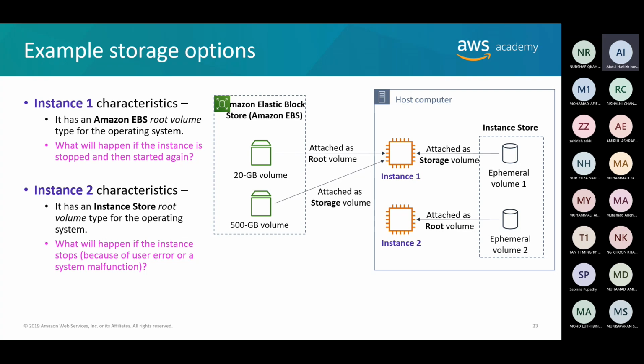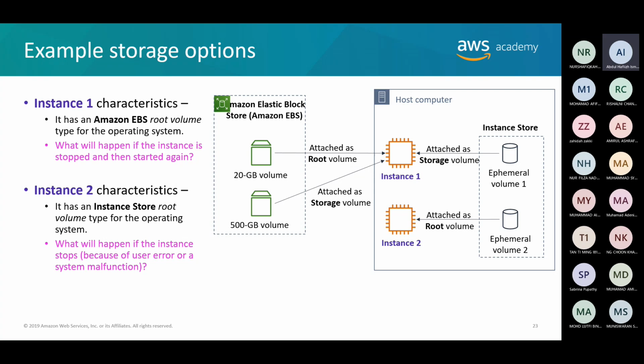So it could stop because of the OS or a failure. So if the instance is terminated, all the data that was stored on ephemeral volume 2 would be lost. Macam saya kata lah, kalau anything stop ataupun terminated, dalam ni semua hilang lah.